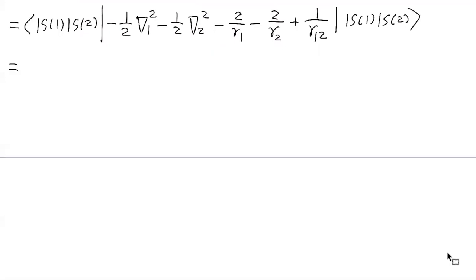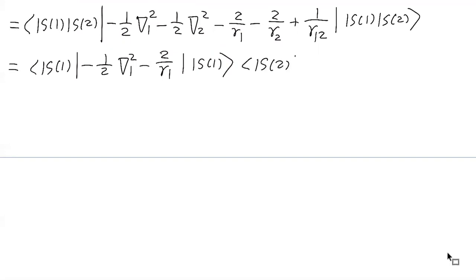So the first term is 1s1, negative 1 over 2 Laplacian for the first electron minus 2 over R1, 1s1, and 1s2 simply becomes an inner product, right? Okay. And of course, we know this inner product is equal to 1.